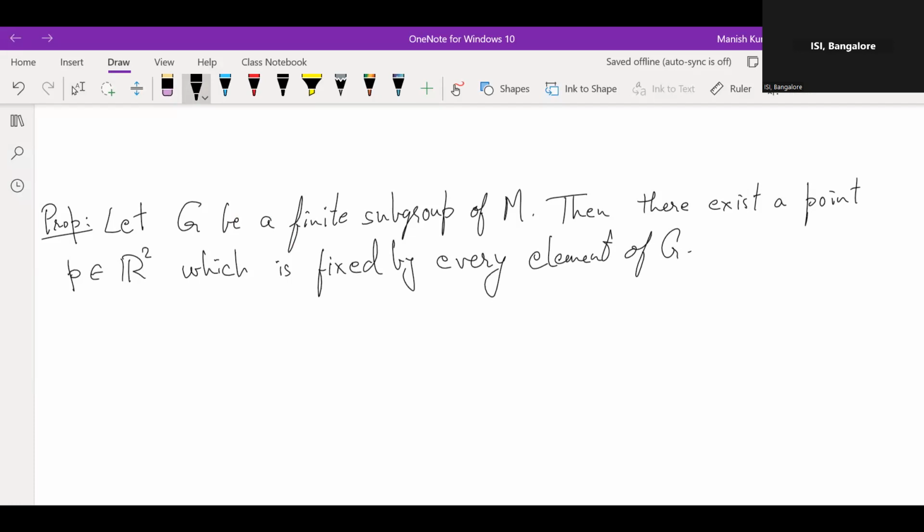That is what we want to show if G is a finite group.